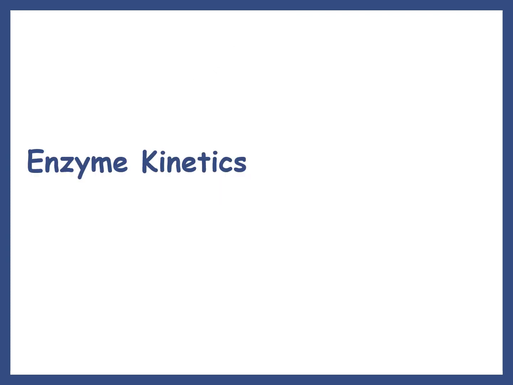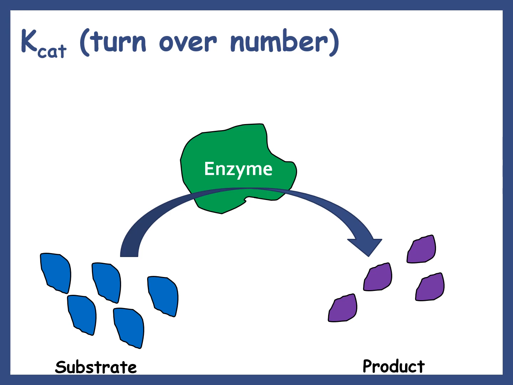Enzyme kinetics. Enzyme kinetics is the study of the rate of enzyme-catalyzed reactions. So let's start enzyme kinetics with the definition of Kcat. In a normal reaction, our substrate molecules get converted into the product, and the enzyme is there to accelerate this reaction.